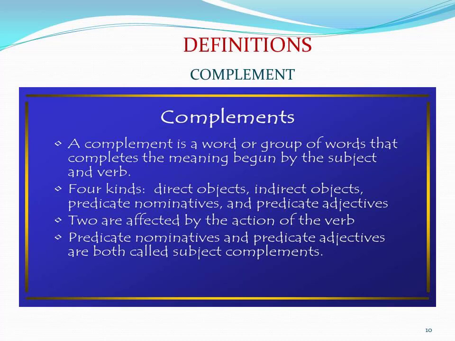We already saw about the direct object and indirect object. These direct object and indirect object are said to be object complements. The third one and the fourth one, that is predicate nominatives and predicate adjectives, are both called subject complements.